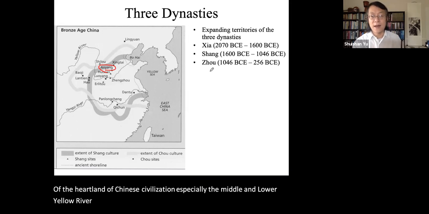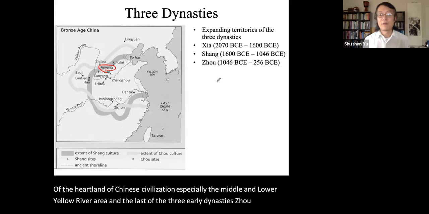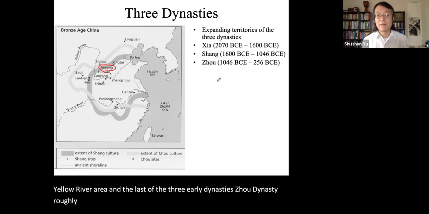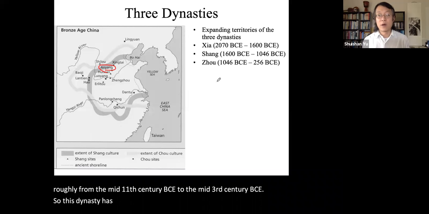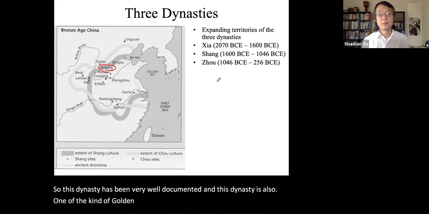And the last of the three early dynasties, the Zhou dynasty, roughly from the mid 11th century BCE to the mid 3rd century BCE. So this dynasty has been very well documented. And this dynasty is also one of the golden ages in Chinese civilization.